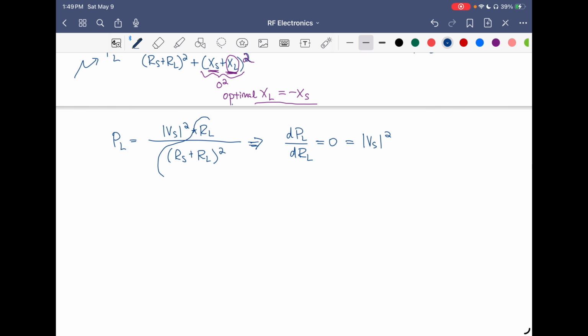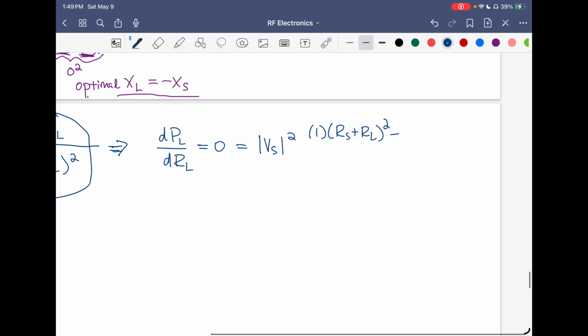And we get that we want to take the derivative of this function with respect to RL. So this is the quotient rule that we can use the formula for. So we have that the derivative of RL is just 1 times the denominator.